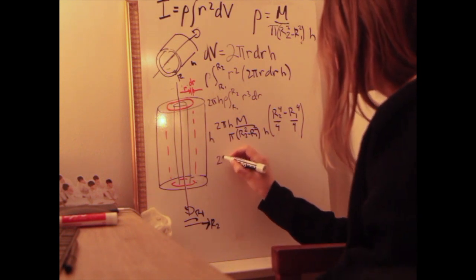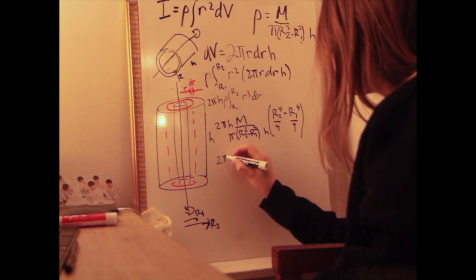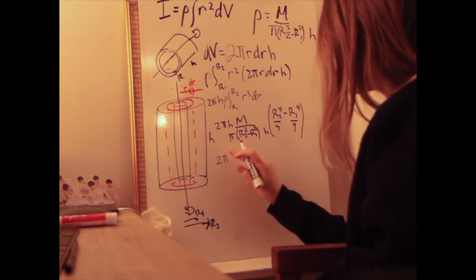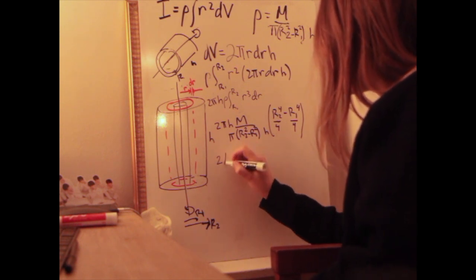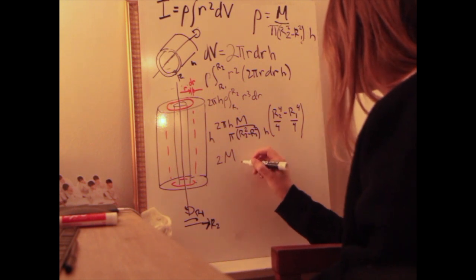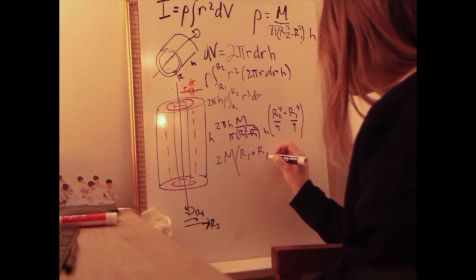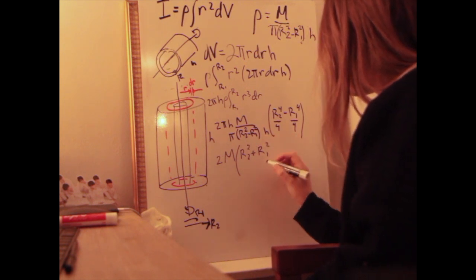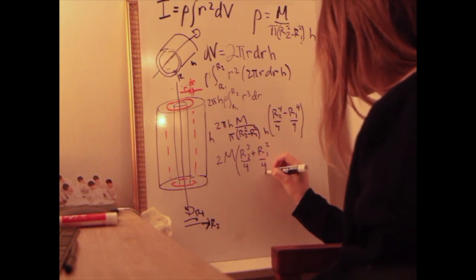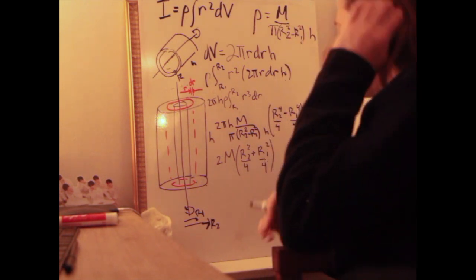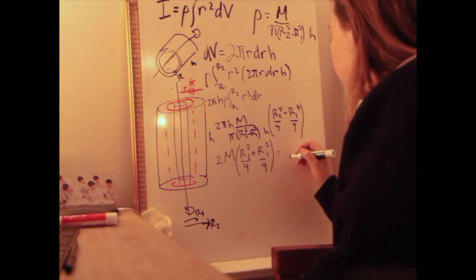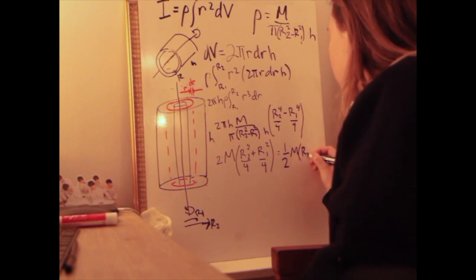And so then we're left with 2 pi, well, the pi's gone, 2m, h's are gone, R2 squared plus R1 squared over 4. So that's equal to 1/2 m times R2 squared plus R1 squared.